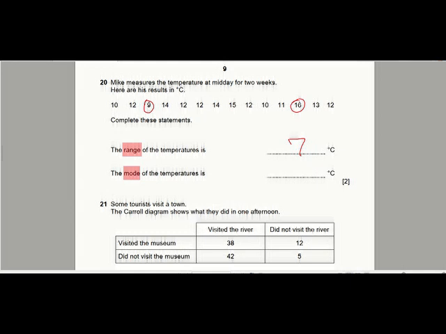Well, at first sight, it seems to be the 12. 1, 2, 3, 4, 5. Yeah, definitely there is no other repeating as many times as the 12. So 12 degrees Celsius will be the mode of this set of numbers which are giving us a temperature. All right.